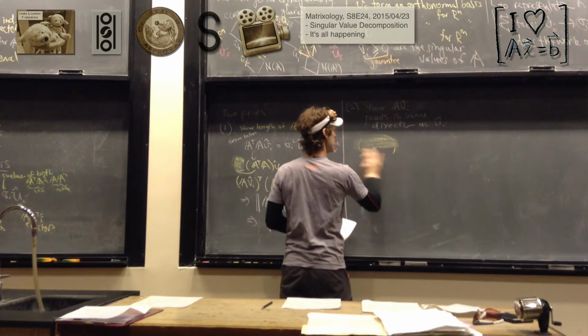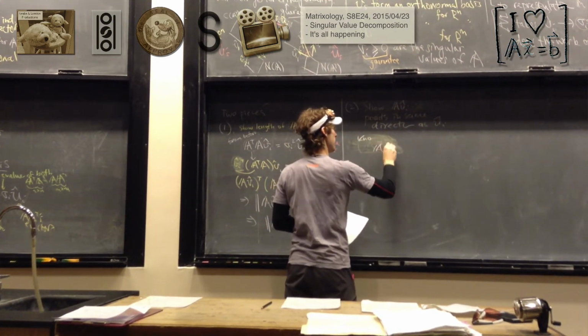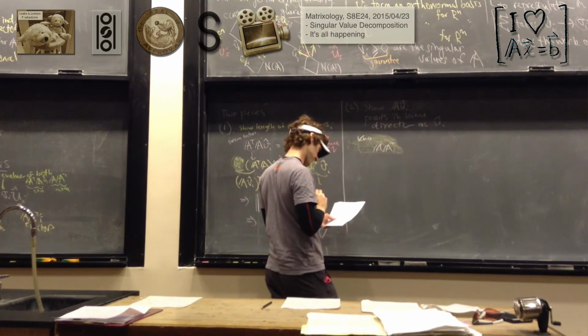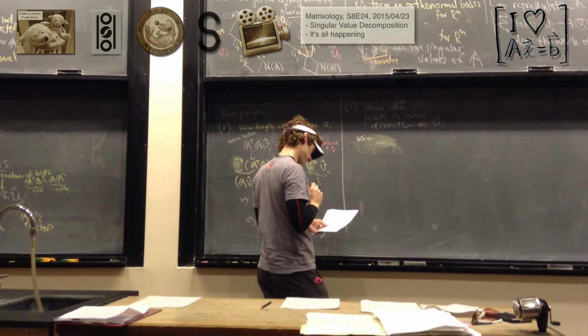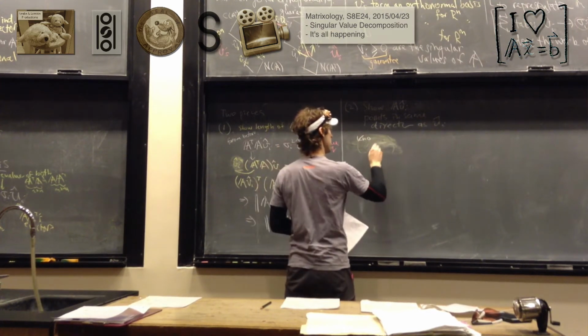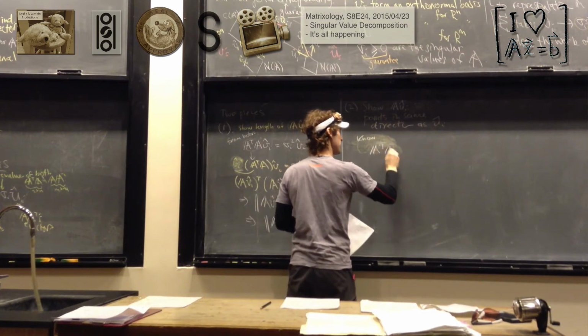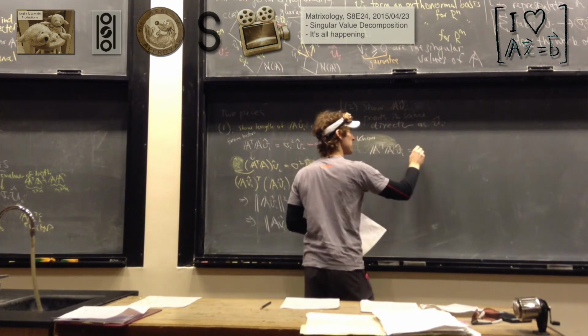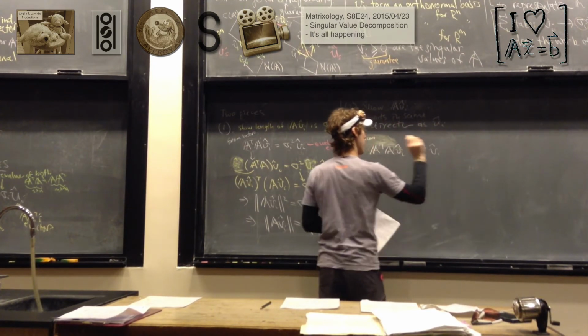All right, so again we know this: A transpose A times VI equals sigma I squared times VI. This is, again, our eigenvalue equation.